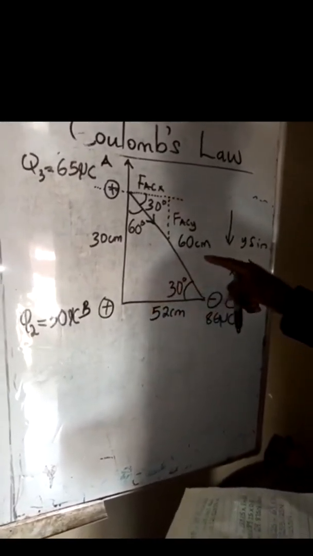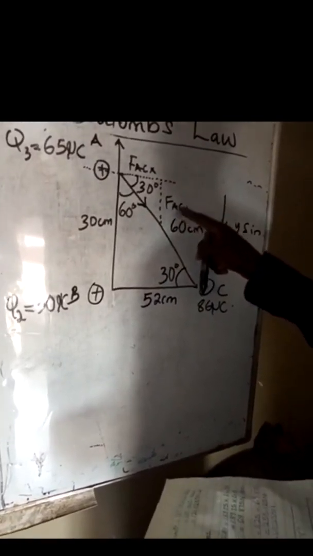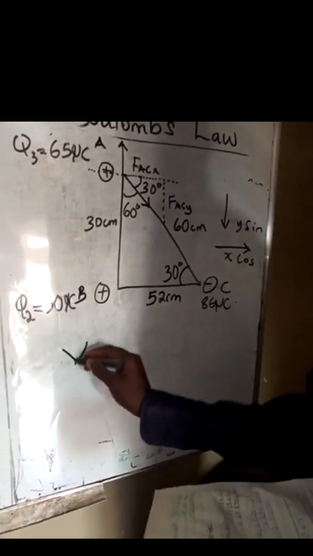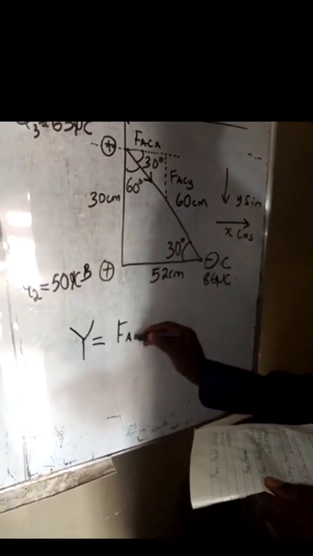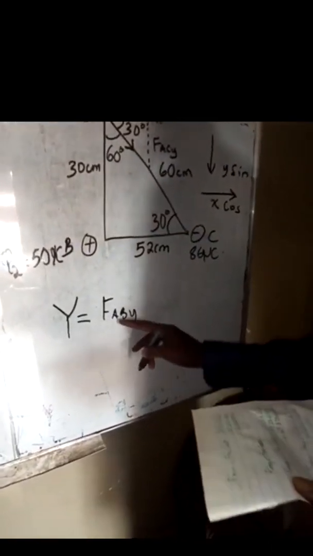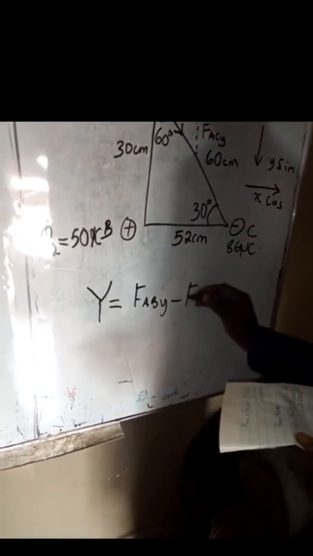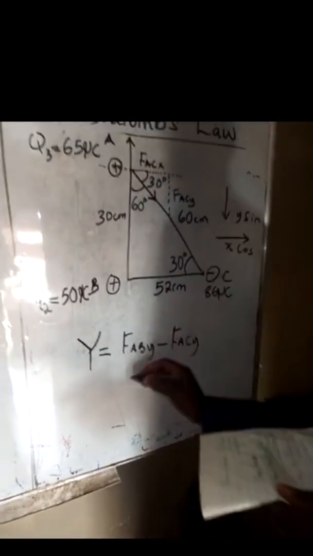So now what we are going to do is subtract this from this. That is, our y will be equal to FABY, that's the value we got from FAB, minus FACY, this.